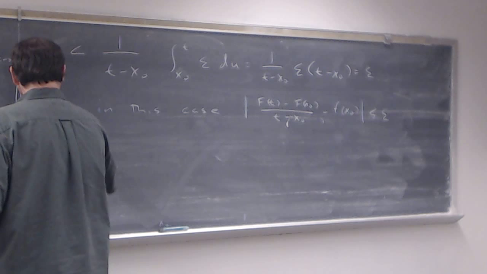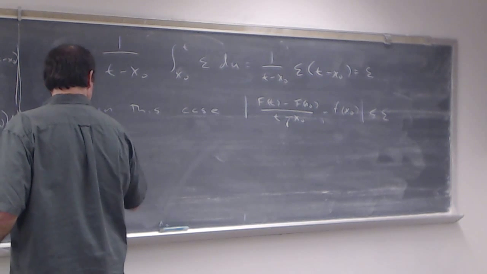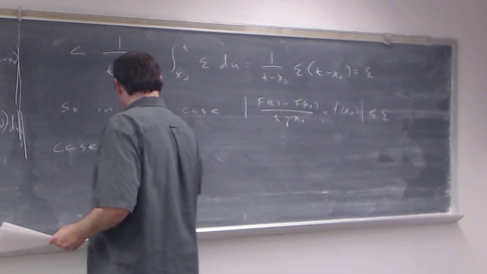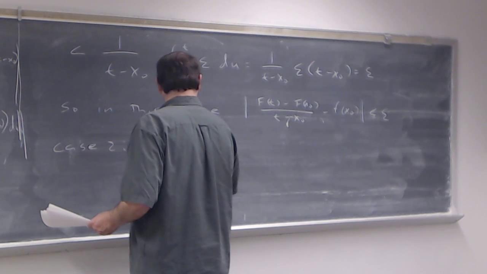So in case 2, remember this first case was when t was bigger than x₀. So case 2 is that t is less than x₀.